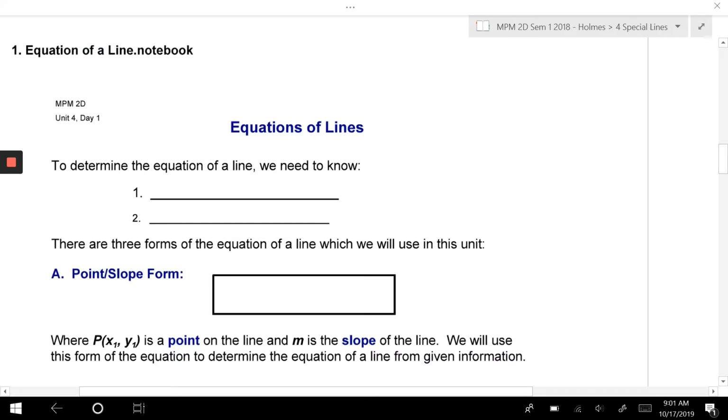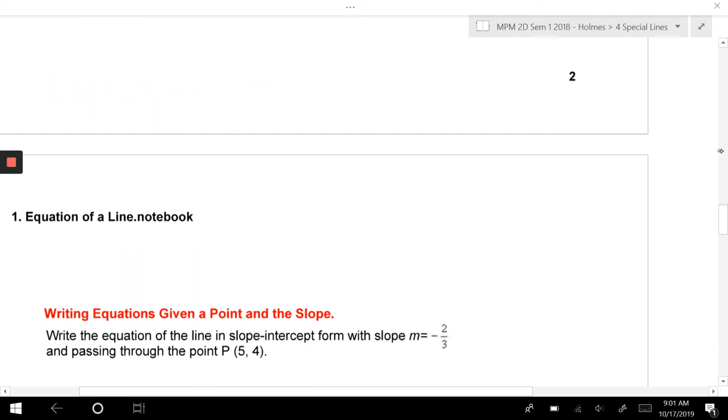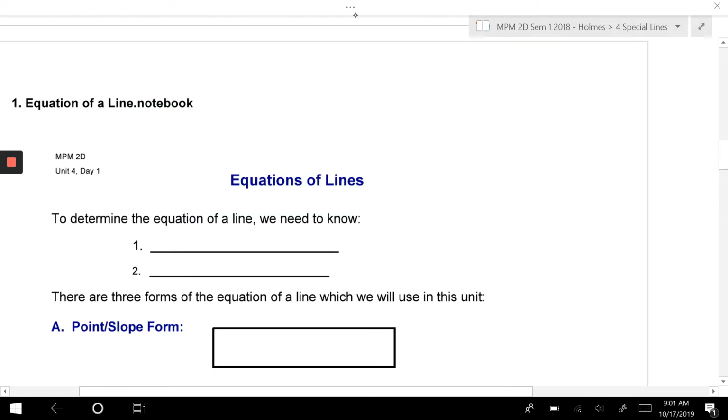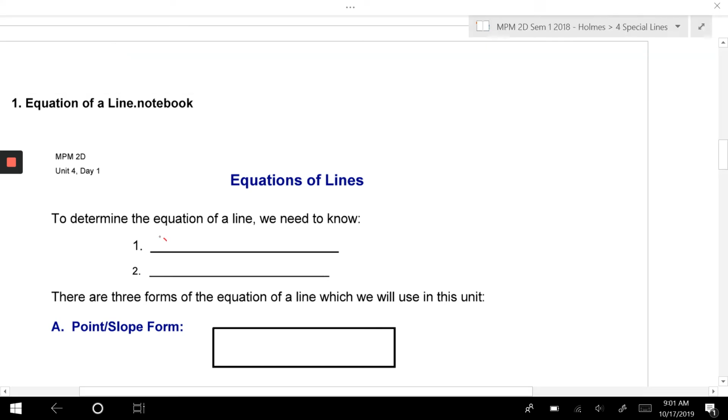Okay, so to determine the equation of a line, there's two things that we need to know. One is we need to know a point on the line. So we always need to know at least one point.